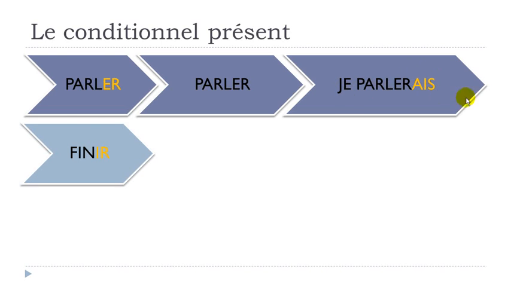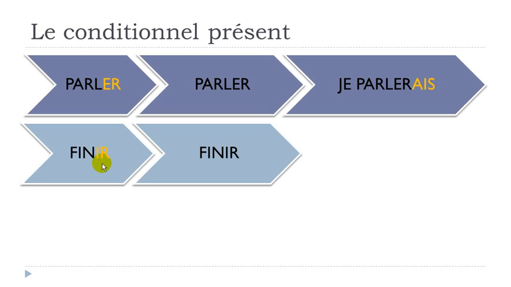Second group, so verbs ending with ir. Be careful, not all the verbs ending with ir, but a quite decent amount of them belong to the second group. But still, it will be quite easy because it is exactly the same way.